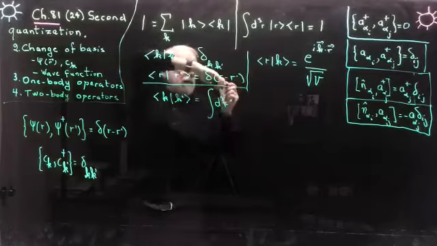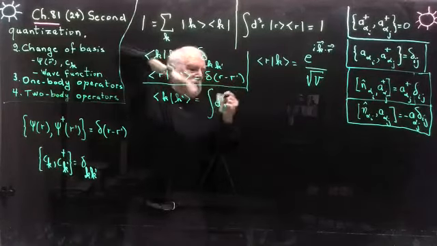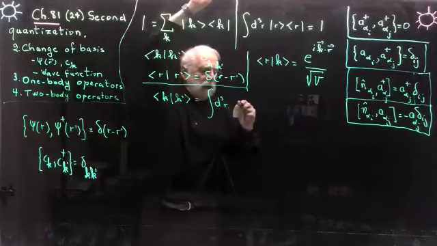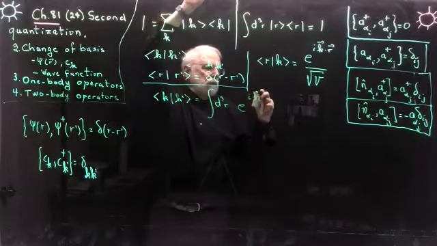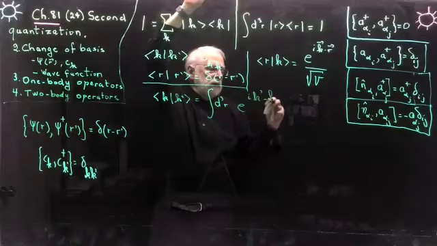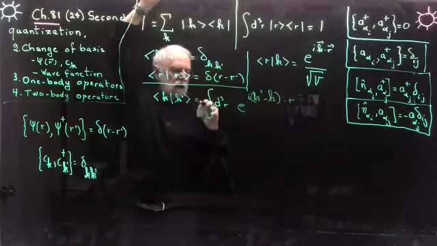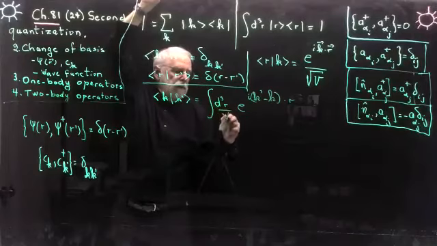So overall, I have e to the i (k prime minus k) dot r, divided by volume.